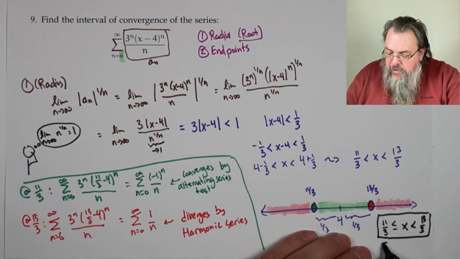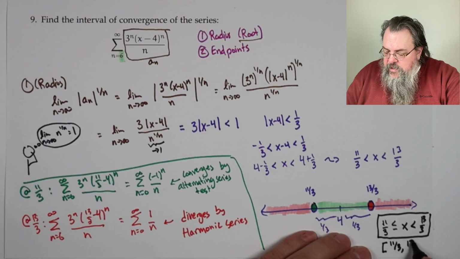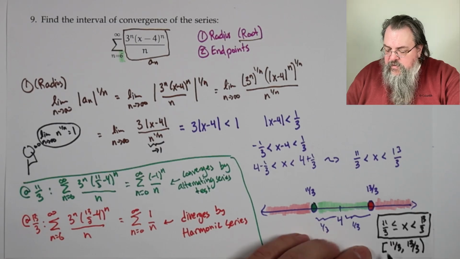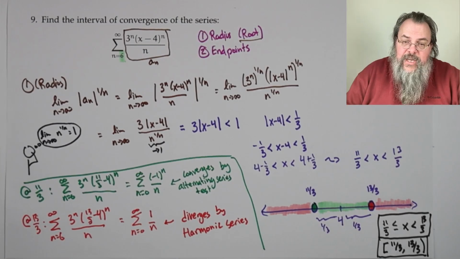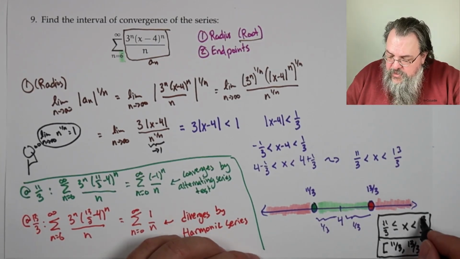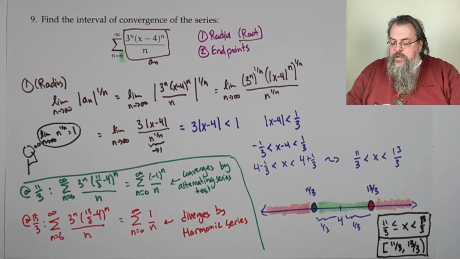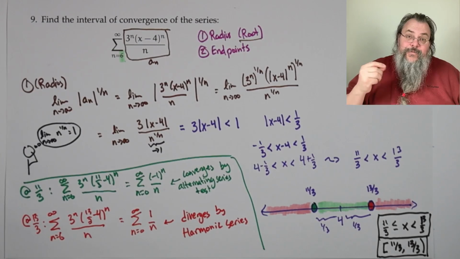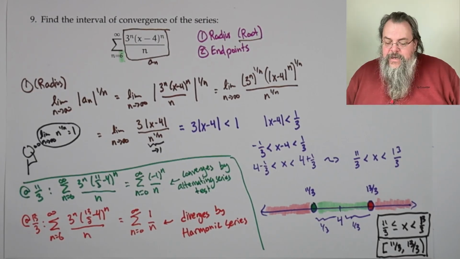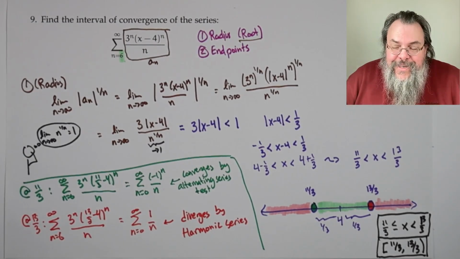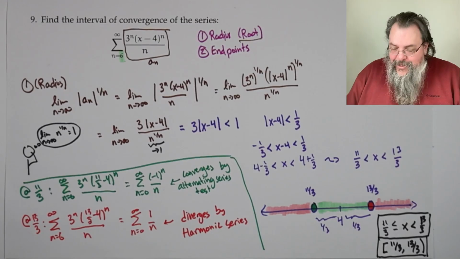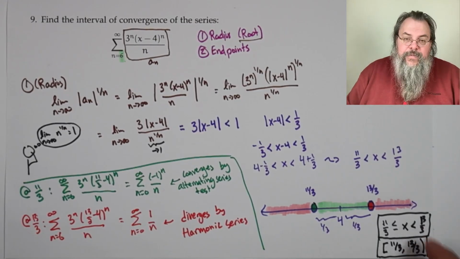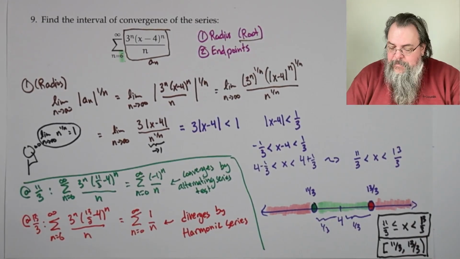You could also say bracket 11 thirds, comma, 13 thirds, parenthesis. Means the same thing. It's the same interval, just different notation. Make sure you have a notation that you're comfortable with, and that your grader will be able to identify. And your grader is a smart person. They have a degree in math, and they're able to know that both of these mean the same thing. But there you go.